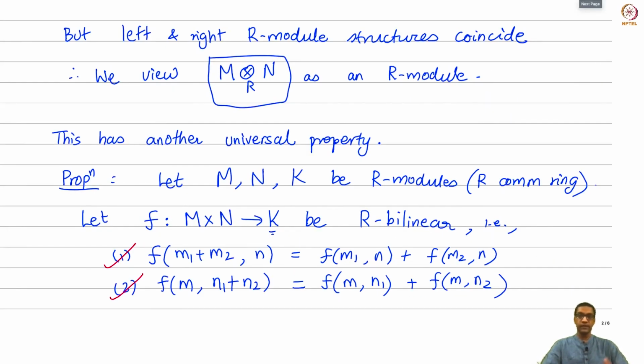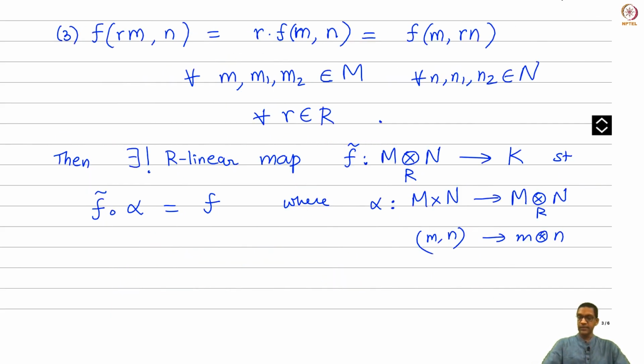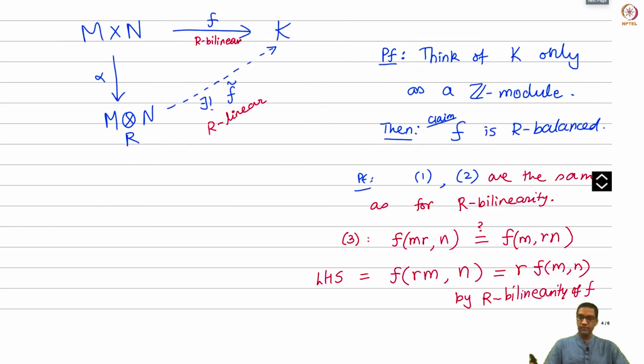So if R is commutative, then you can say that the tensor product M tensor N is the object which has the following universal property: given an R bilinear map from M cross N to K, it induces a unique R linear map from M tensor N to K. Okay. So this is sort of working inside the category of R modules where R is commutative, and this is often how it is defined. Okay, but this is very special to the commutative case. You can't make this definition if R is not commutative.